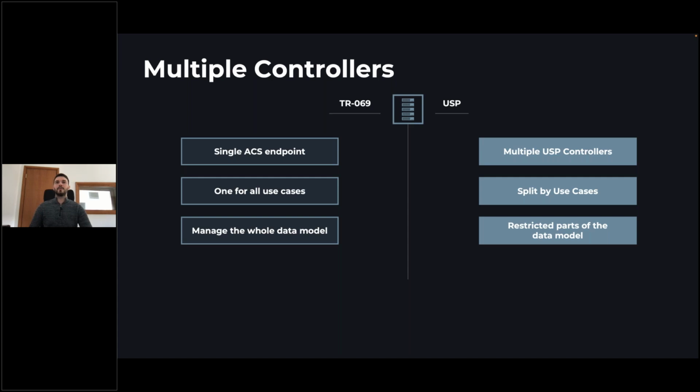While with USP, we have the possibility to use multiple USP controllers. And the interesting part here is that they can be split by use cases and restricted to the data model of the device only for those specific use cases. So for example, we have one USP controller which is dedicated to Wi-Fi monitoring and Wi-Fi management. You would restrict that part of the data model, and then it takes care of that part.